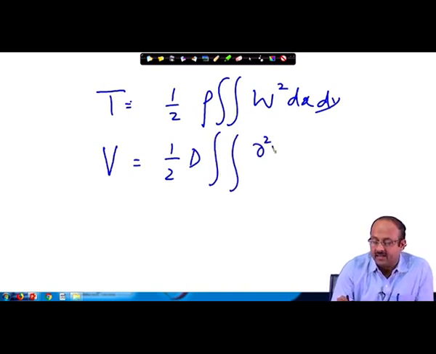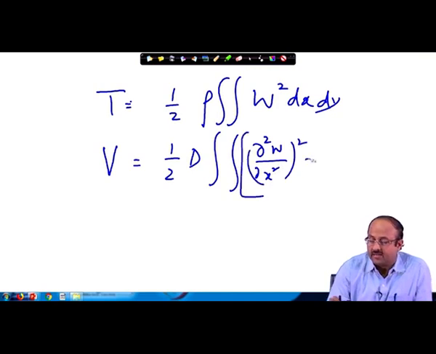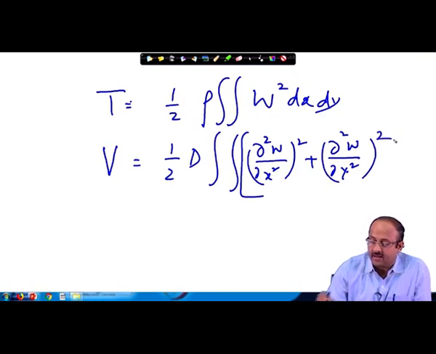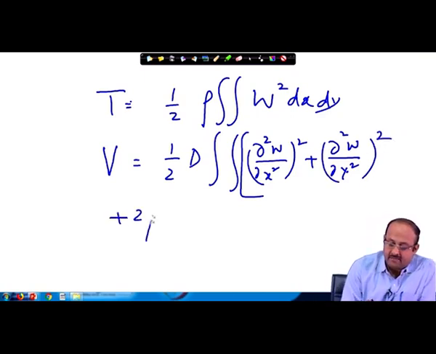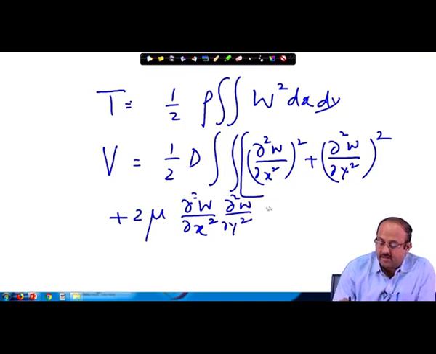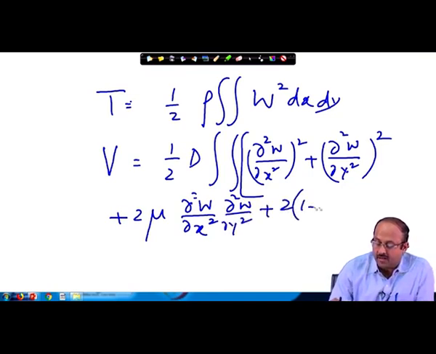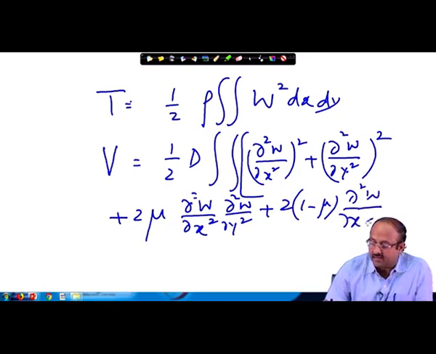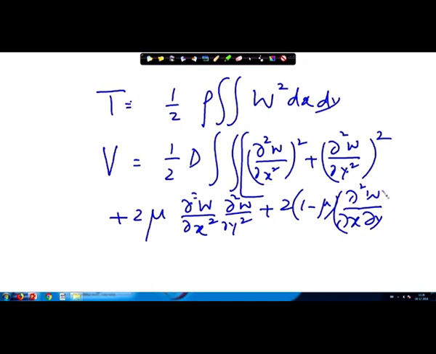del 2 w del x square, squared, plus del 2 w del y square, squared, plus twice mu, which is the Poisson's ratio, del 2 w del x square del 2 w del y square, plus 2 times 1 minus mu, del 2 w del x del y, squared, dx dy.